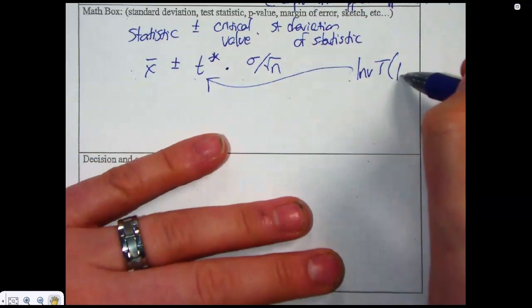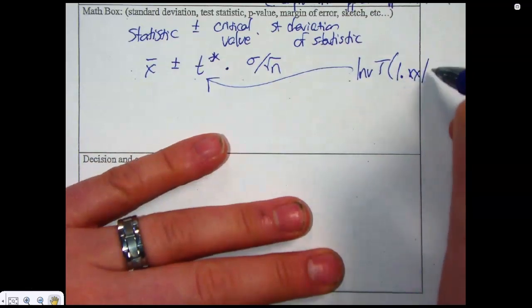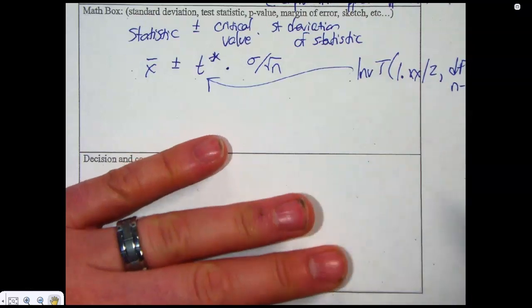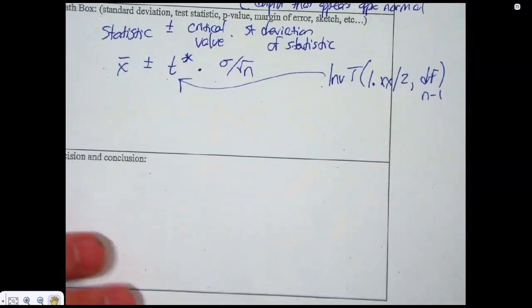You're going to do 1 point whatever divided by 2, comma, the degrees of freedom. And the degrees of freedom in this case is n minus 1. Again, I totally understand you have no idea what that means. For now, just write it down. We'll get to it. I'll go through examples. I'll show you. Degrees of freedom.